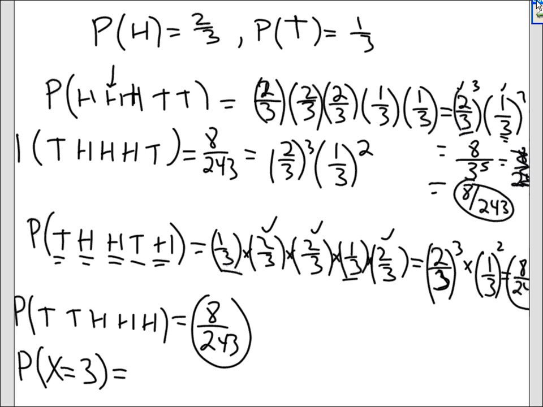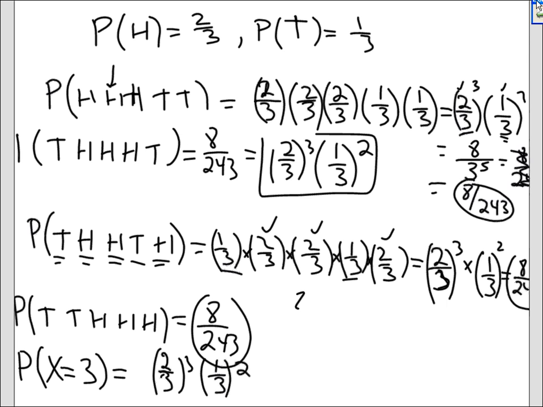We're going to always get this. The probability that x is 3 will have the 2/3 cubed times the 1/3 squared. It will have that. But how many times am I going to add this up?